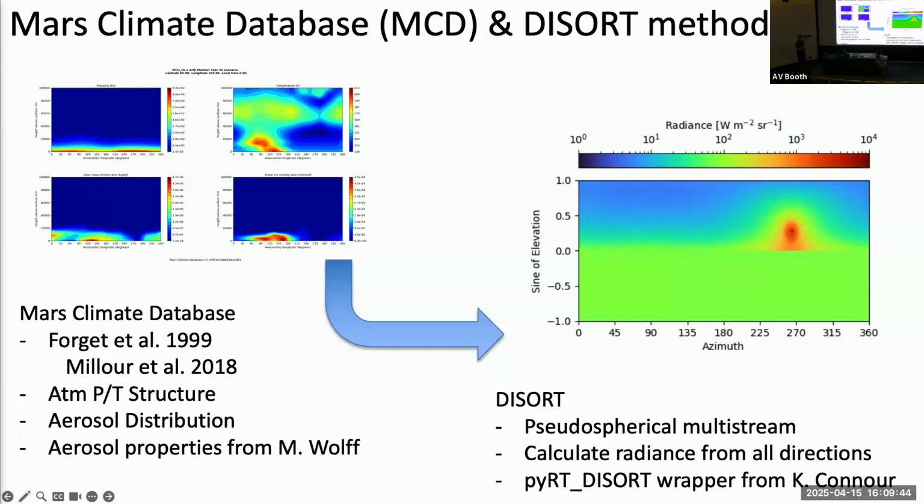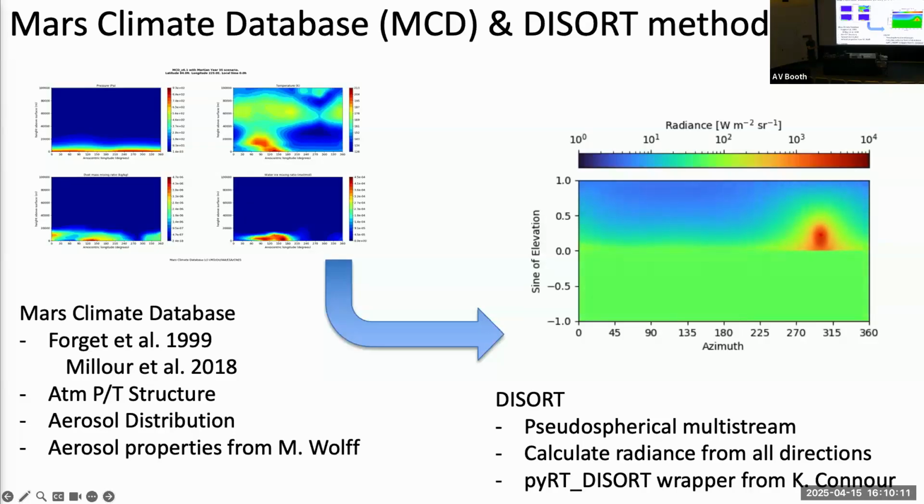So this is built from spacecraft observations over decades, but intelligently interpolated, if you like, with a global climate model to fill in the local times and seasons that they don't have coverage in. So there's a Mars Climate Database, which gives atmospheric temperature and pressure as a function of time, and the aerosol distribution, and then there are optical properties of these aerosols that we can plug in as well.